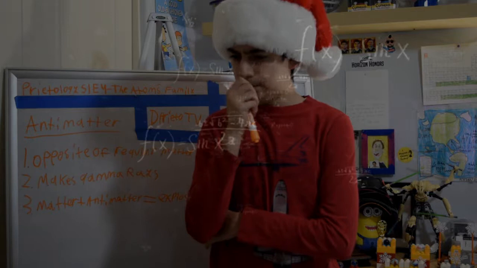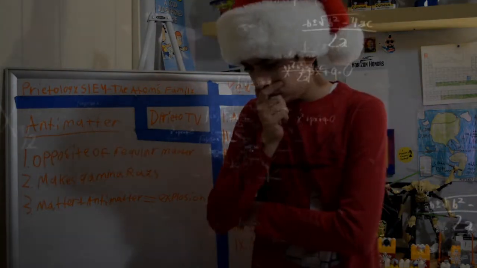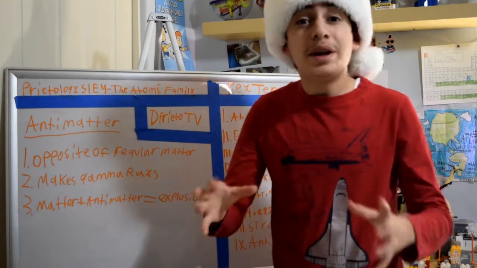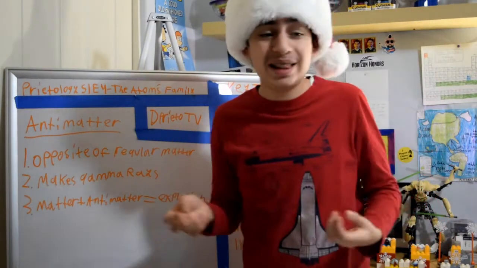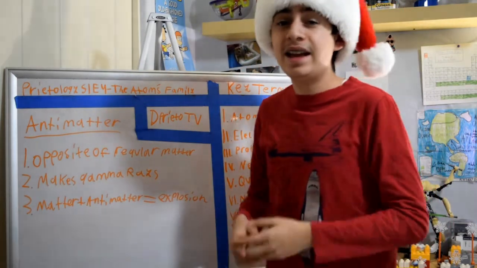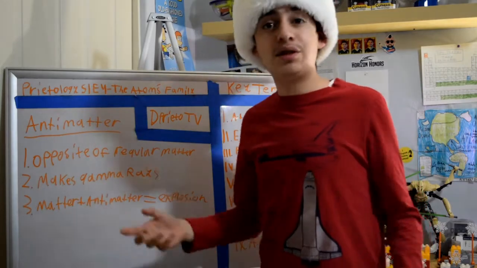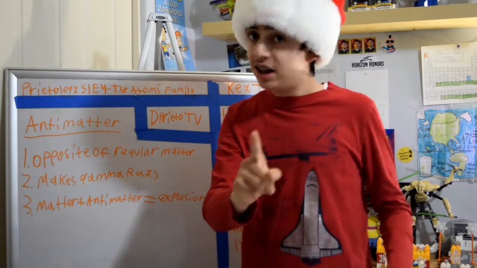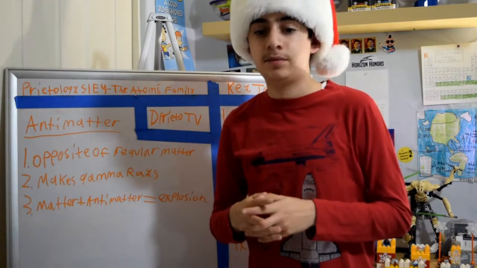Actually, let's do the math. Okay, I got it. It's 300 million billions of dollars in 1 kilogram of antimatter. So that gives you the ridiculous cost, but this also could be a futuristic energy source according to scientists.